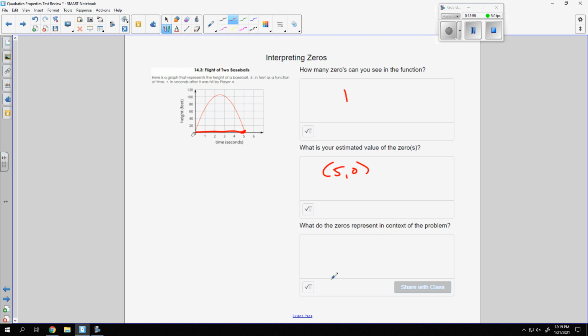That zero means the ball hit the ground in 5 seconds. Cool. Now, if we were looking at the function, that graph would come backwards. It would have a second zero, but that's not within the domain of our given situation.